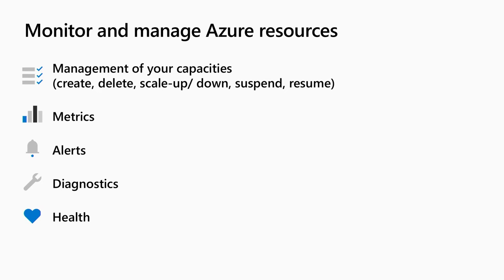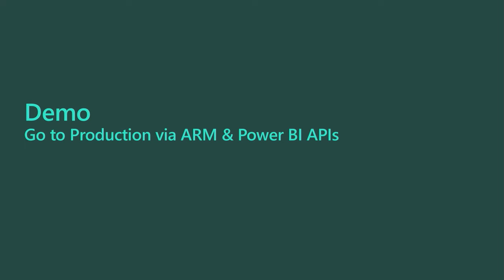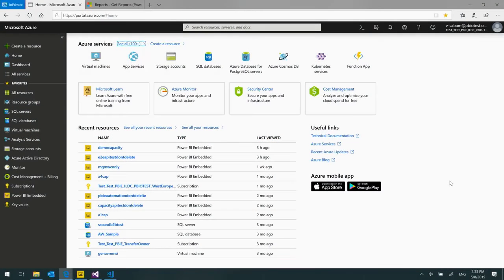Also, some of the things that come with Azure, Azure metrics, you can set all kinds of alerts, use Azure diagnostics, and more. So now I'm going to show what you can do with Azure and how you can create a capacity. So this is the Azure portal, if you're not familiar with it.